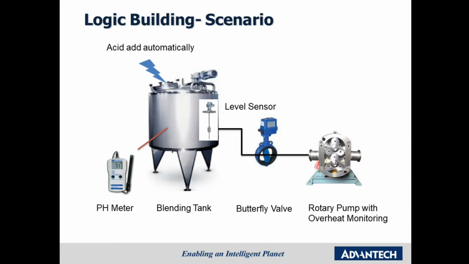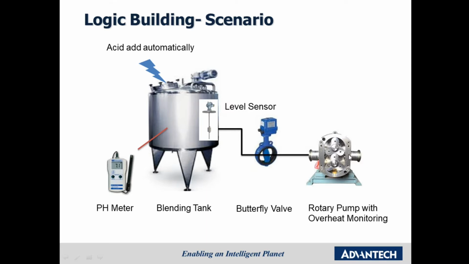Finally, here is a logic building scenario. So we have a pH meter which can detect the pH value, and the tank, it has some level sensor. With a butterfly valve, user needs to control it, turn on or turn off automatically by our logic.